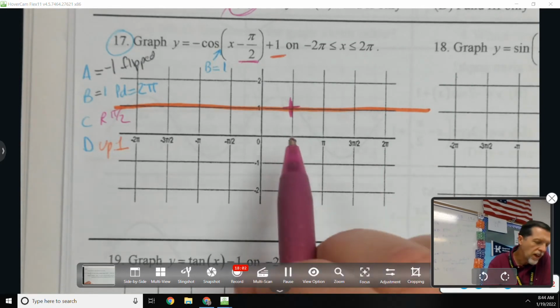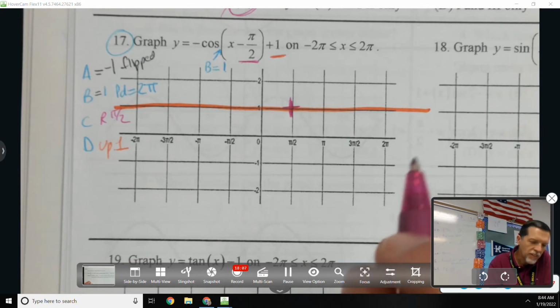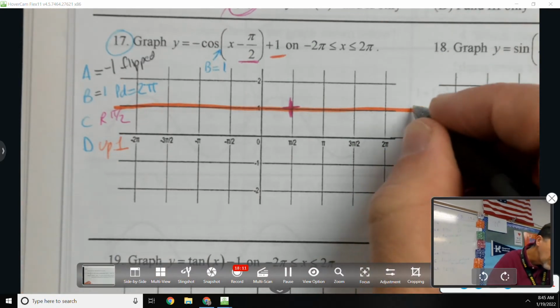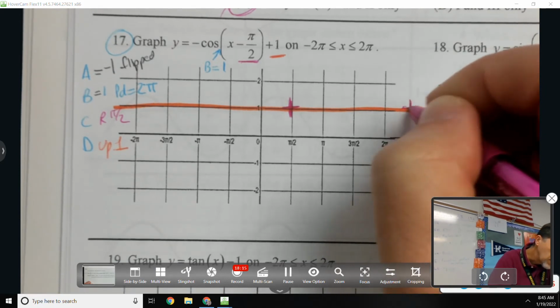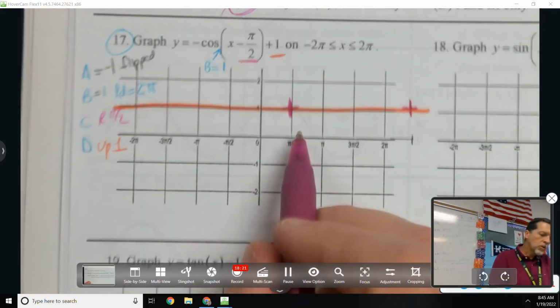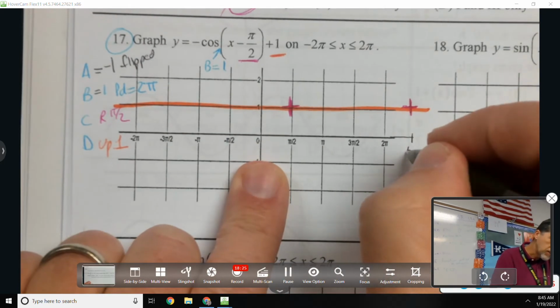So where's that going to be? Slightly off the graph, but not much off the graph. It's just the next hash mark over would give me a width of 2 pi. So I need to fit my cosine graph in between pi over 2, and I guess that would be 5 pi over 2.